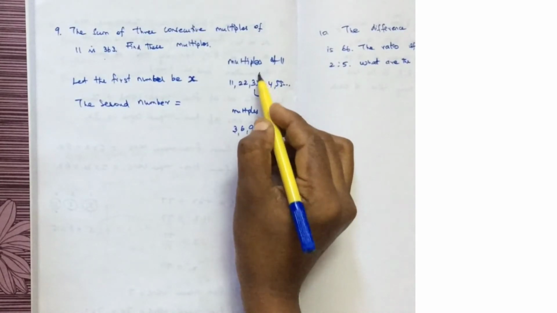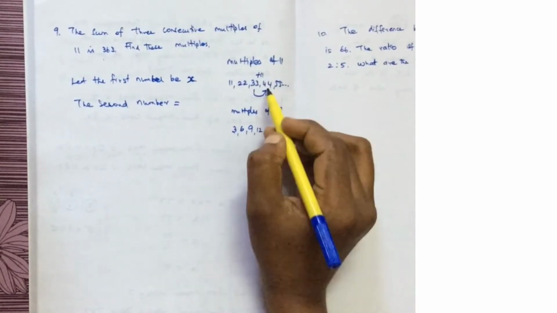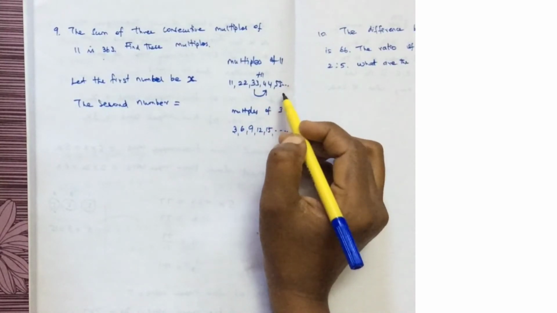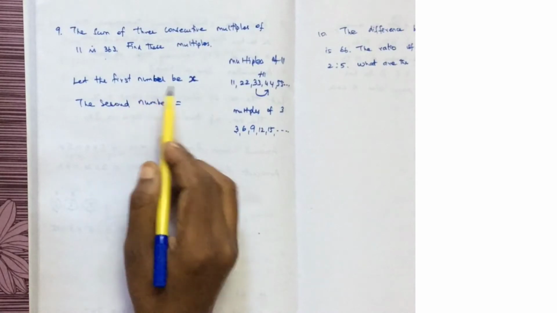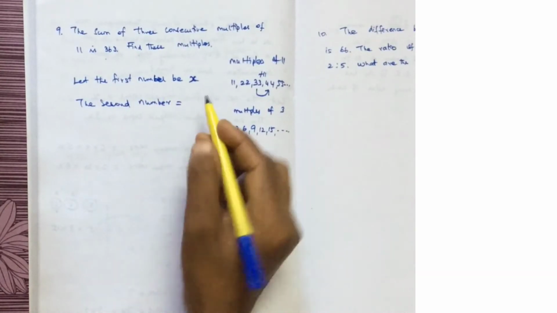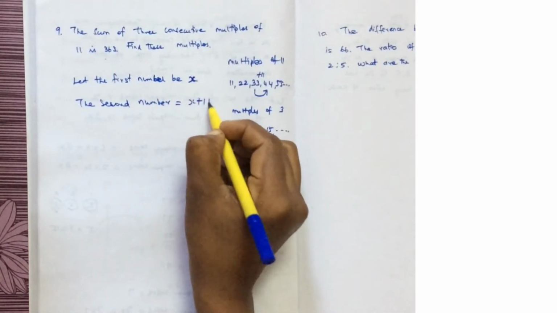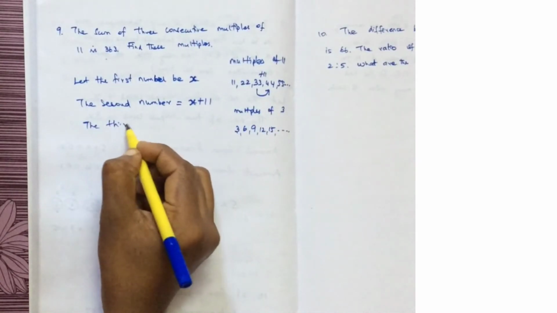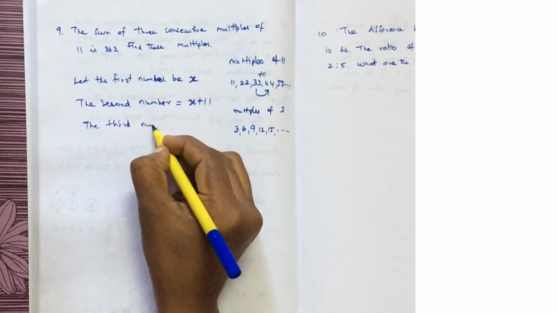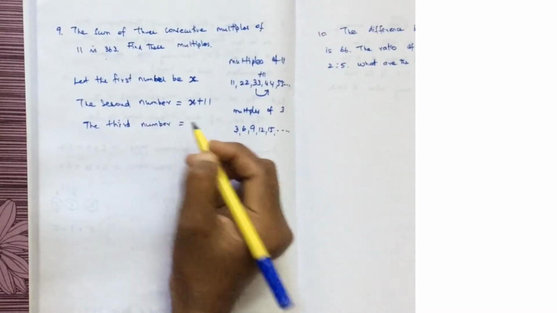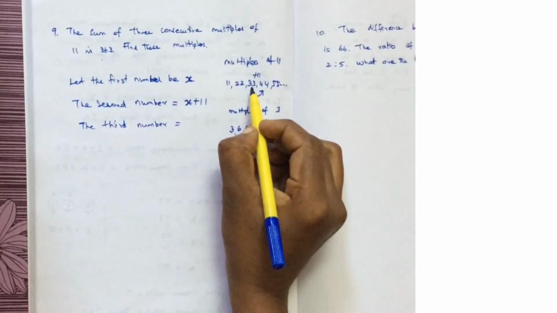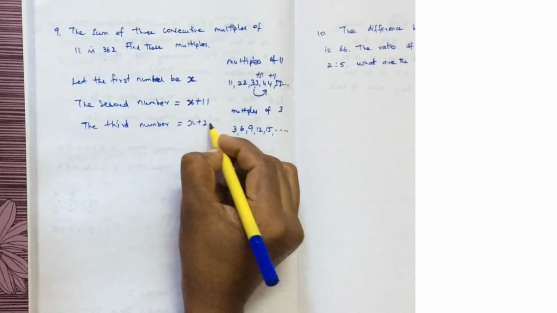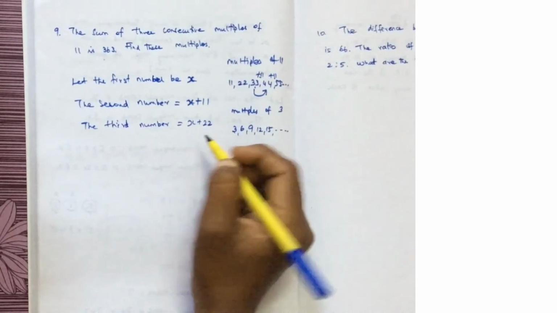You have to add 11 to that. If the first number is 44, how will you get the second number? Just add 11 to that. So if the first number is x, the second number is x plus 11. The third number: to x you have to add 11 plus 11, 22. X plus 22.